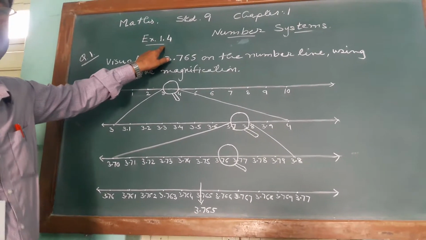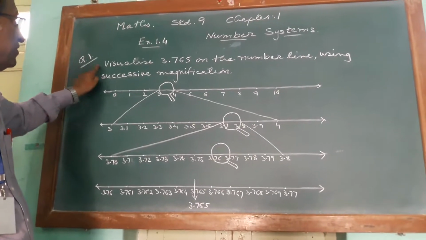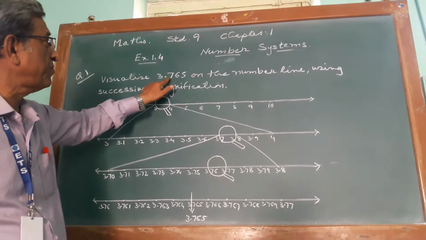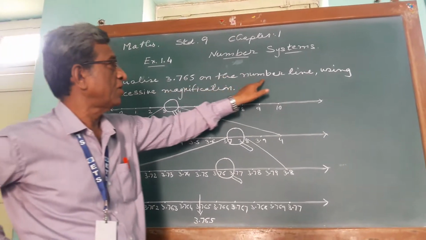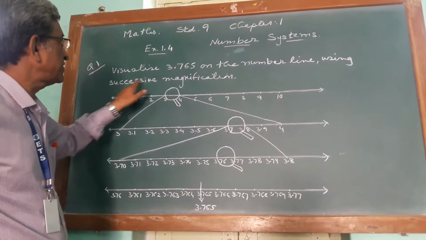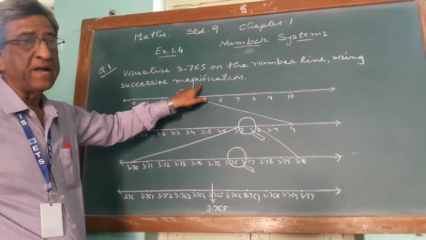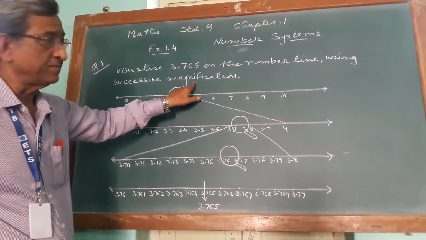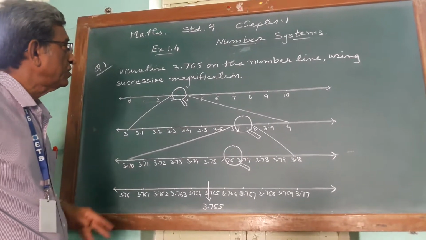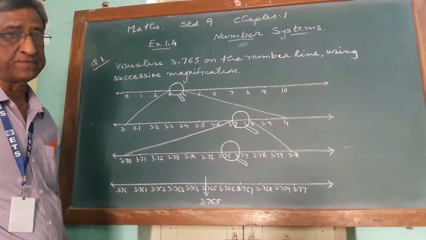Now exercise 1.4. Question 1. Visualize 3.765 on the number line using successive magnification. You know magnification means enlargement. As it has 3 digits after the decimal point, you will draw that many magnified lines.